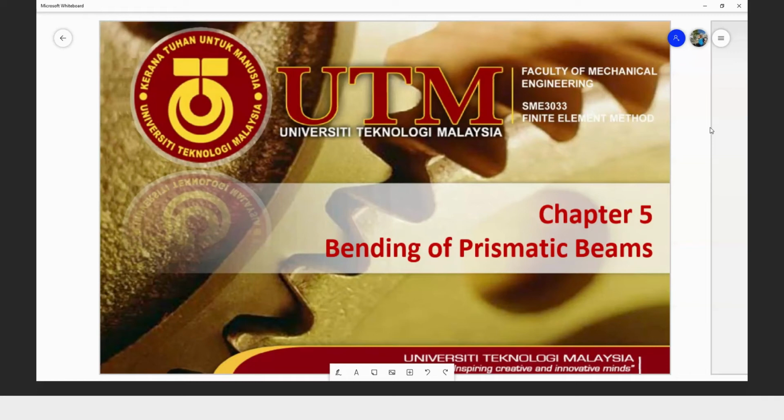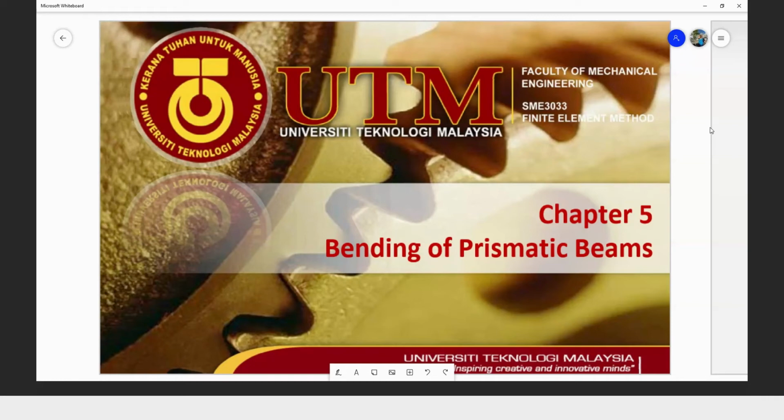Tapi kita dah tengok untuk plane trusses, its element connectivity, we show the directions of the elements connectivity from one point to another. But this element connectivity, it's actually will have a huge difference at the local stage sahaja.